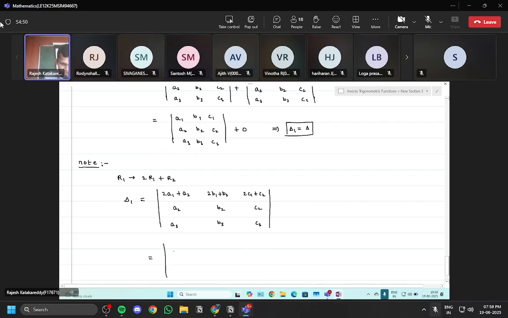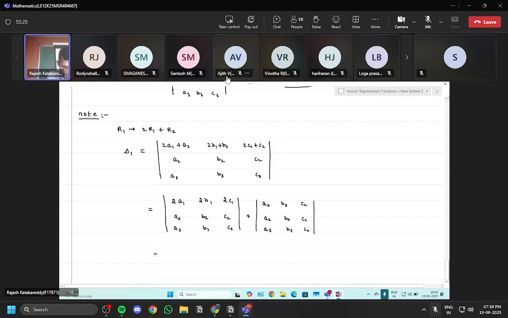Determinant 1 is 2 times A1, 2 times B1, 2 times C1, A2, B2, C2, A3, B3, C3, plus the determinant of A2, B2, C2, A2, B2, C2, A3, B3, C3. This determinant is 0.